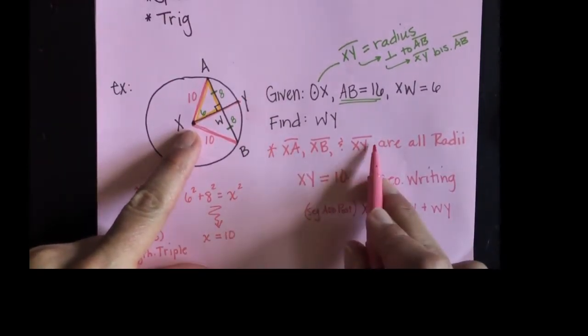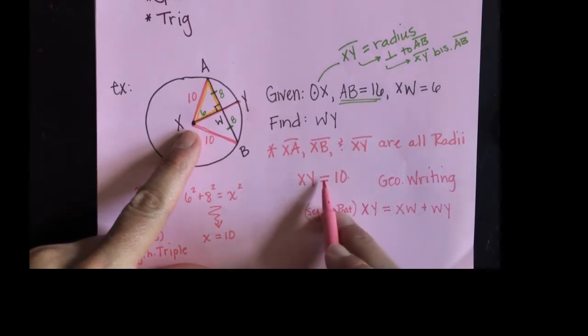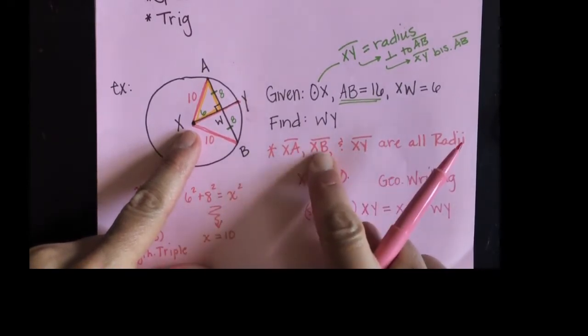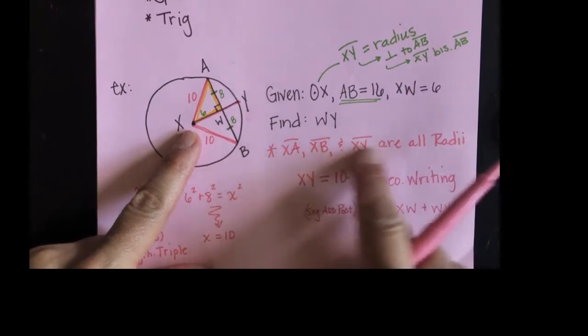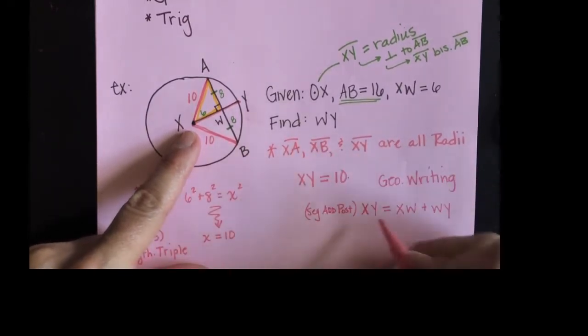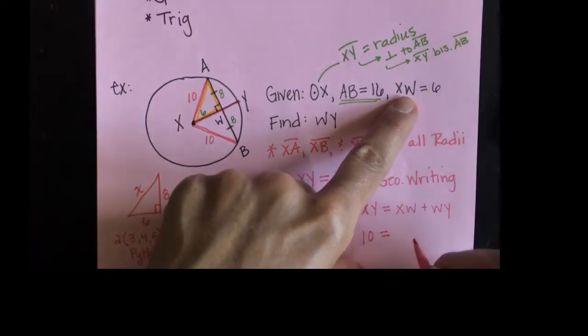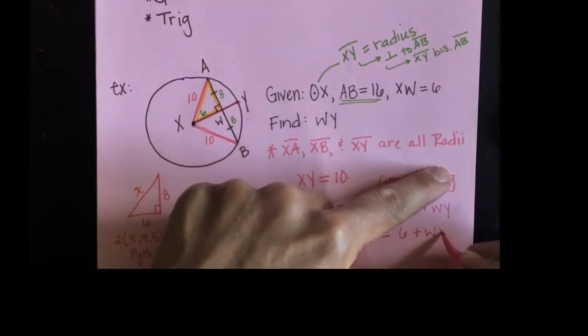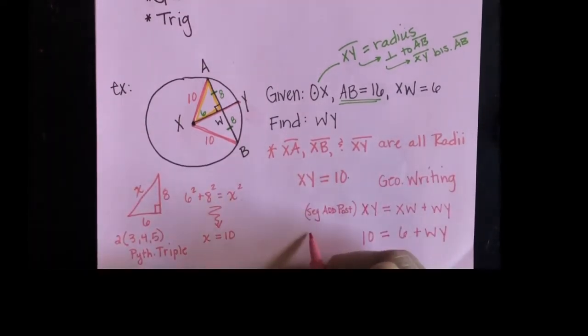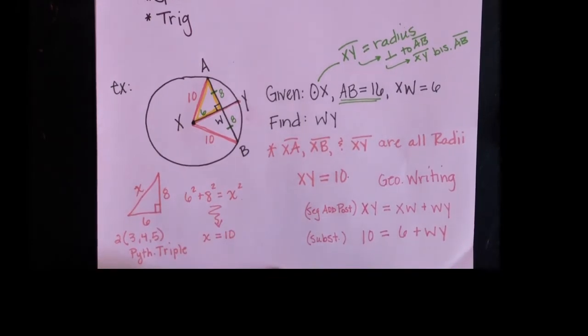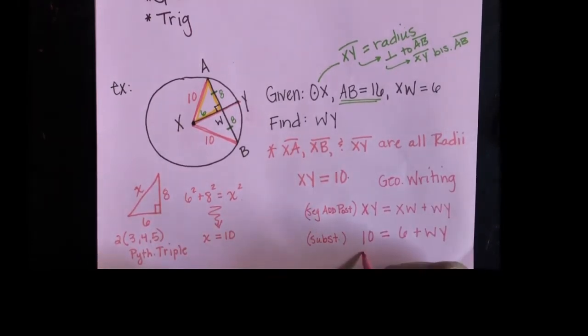Well, if all the radii are congruent, kind of like our transitive property, if this is 10 and that's 10 and this are equal and this are equal, they're all going to be 10. So 10 equals 6 plus WY. That's our substitution. And when we subtract, we end up with 4 equals WY, and that's our subtraction property.